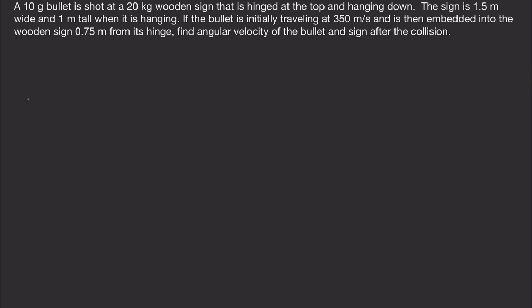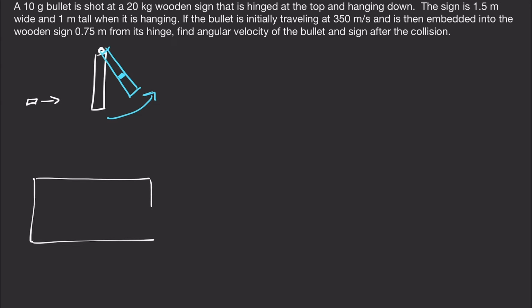So at first, we have this bullet that's moving, and it's going to hit a sign that is hinged at the top, and when it hits this sign, the bullet is embedded in the sign, and they're going to start to rotate. And so I'm going to draw a view from the front.